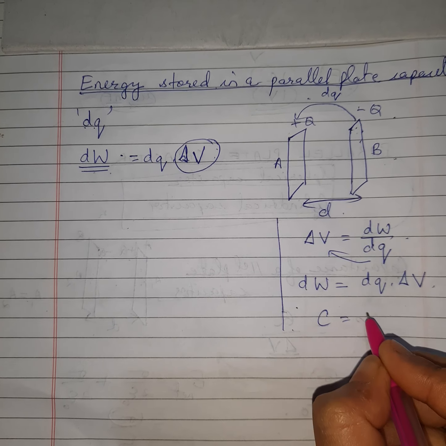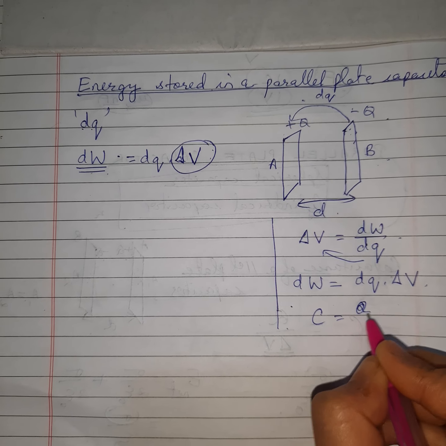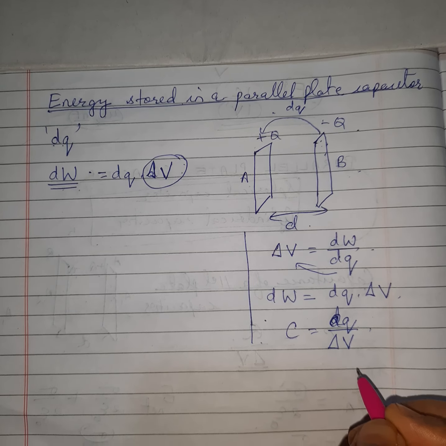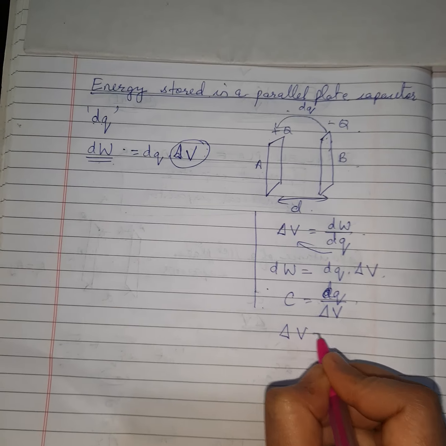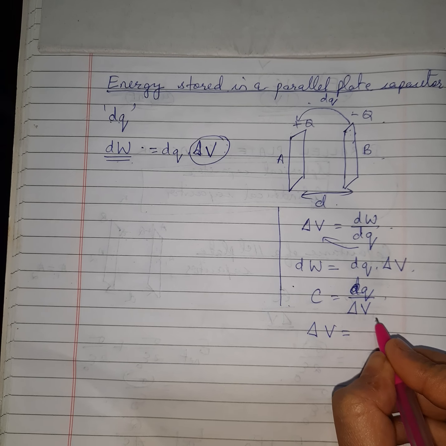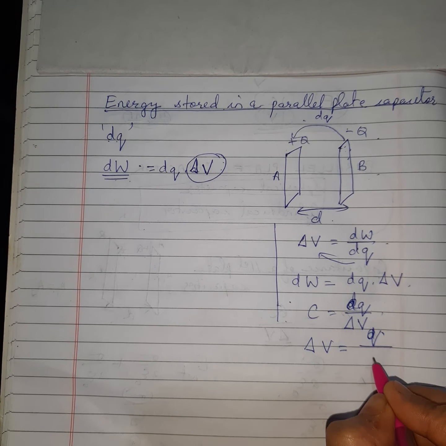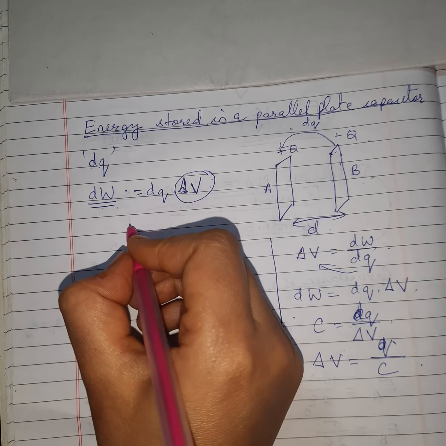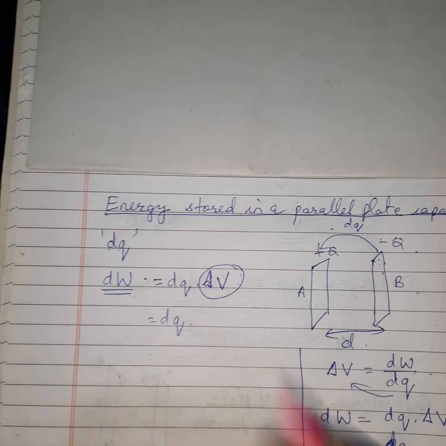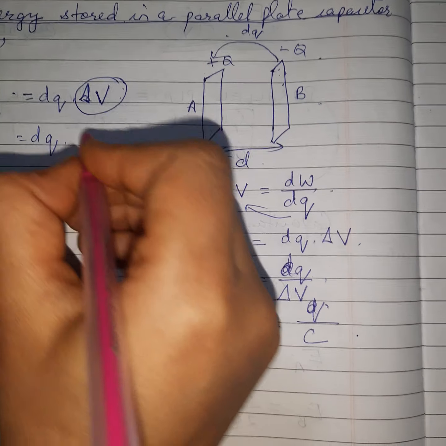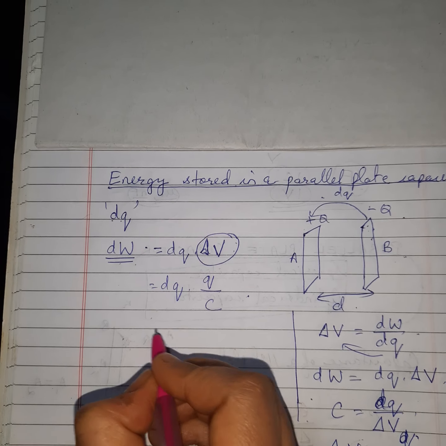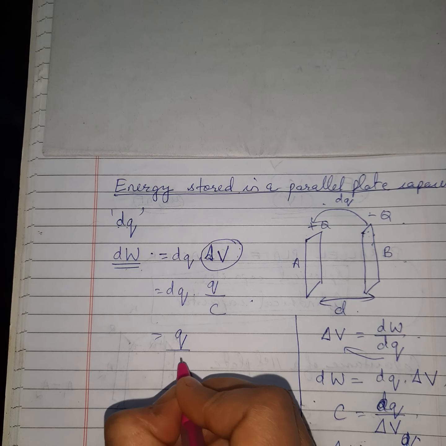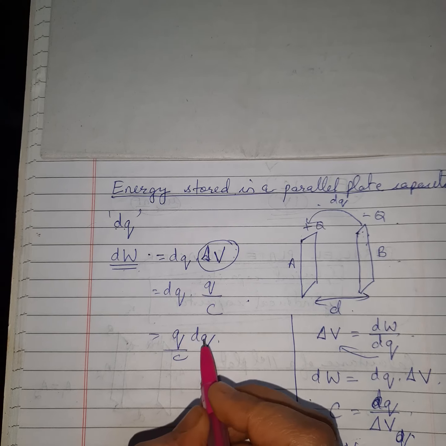Capacitance is charge per unit potential difference, so delta V is equal to q divided by C. So we will replace this here. dW can be written as dq into delta V, which is q divided by C. So we'll put it in a proper way: q by C dq. So we are getting a term ready for integration.